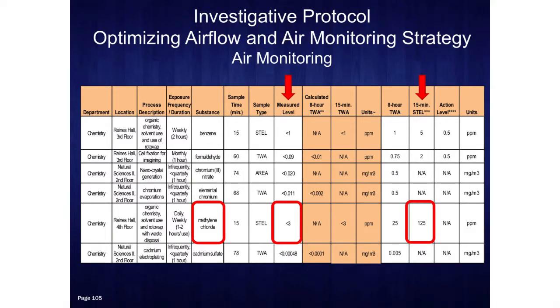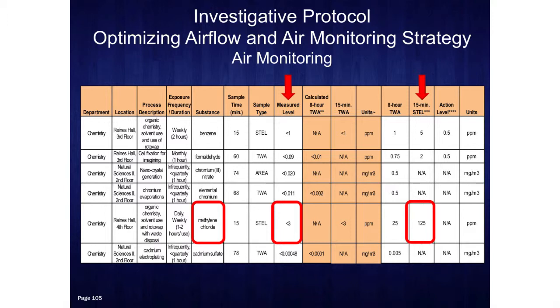This is just a simplified example of one of the substances that we monitor for. Methylene chloride is a common chemical. I'm sure you've seen it in your labs as well. A typical result: we monitored for a short-term exposure level sample, 15 minutes, and we got less than 3 parts per million, where the Cal OSHA standard that we abide by is 125.